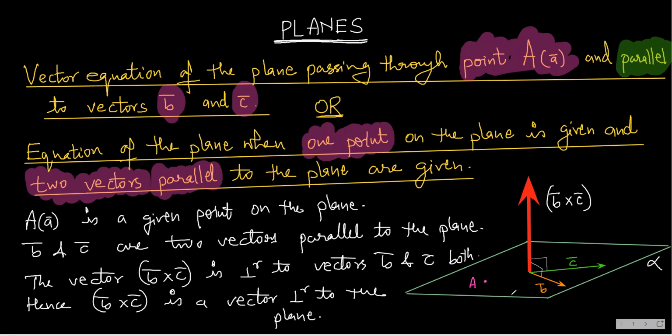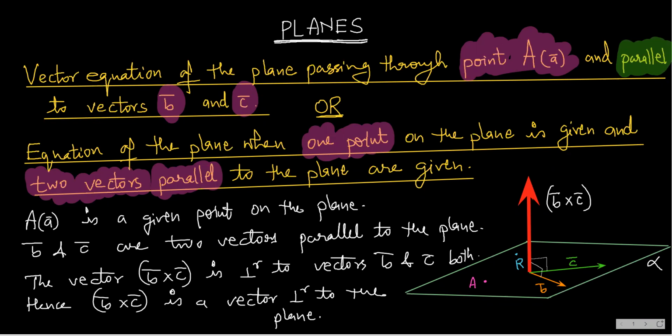Next, students, once I get a point on the plane and a vector perpendicular to the plane, I will go for a variable point, and I take the variable point as R. Let R be a variable point on the plane whose position vector is r bar.